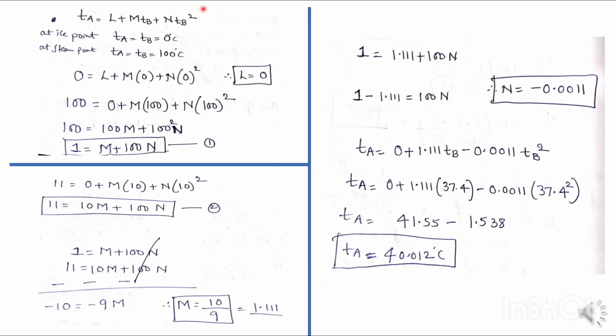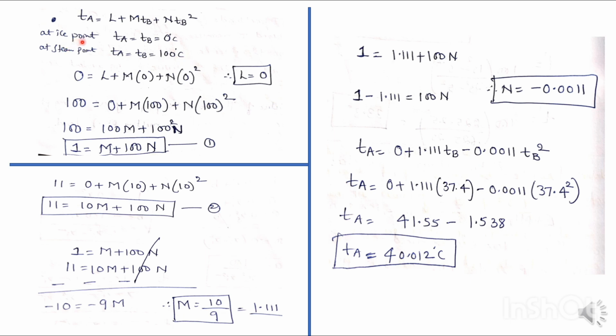The temperature relation is TA = L + M·TB + N·TB², already given in the problem. At the ice point, both thermometers read TA = TB = 0 degrees Celsius, and at the steam point, TA = TB = 100 degrees Celsius.